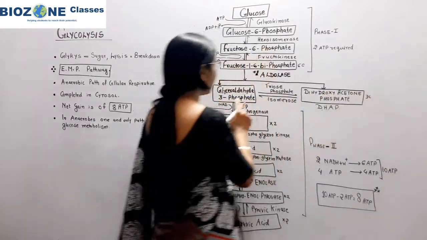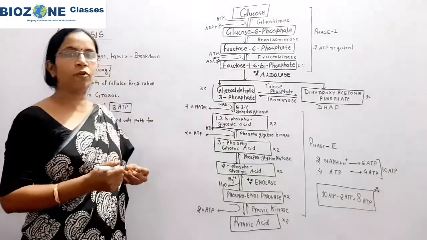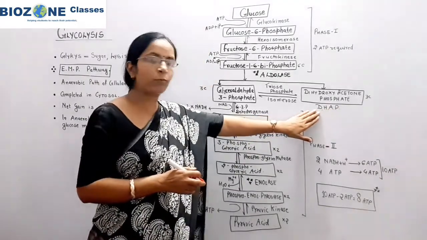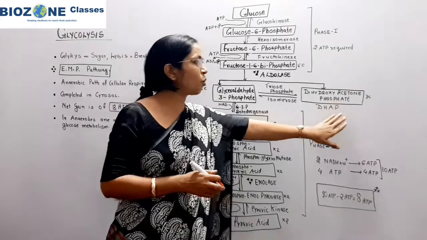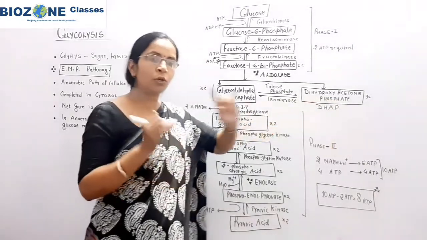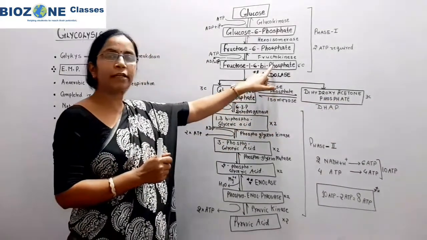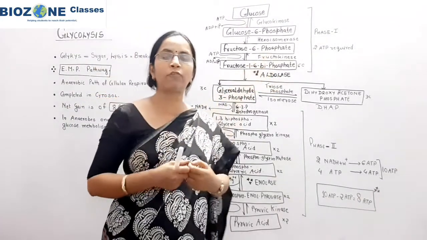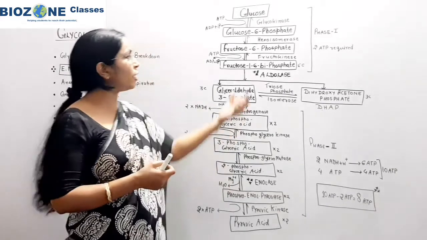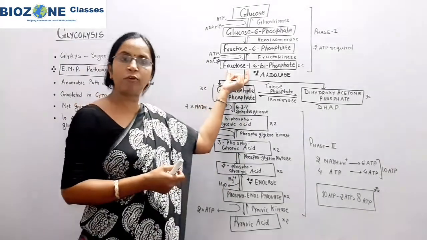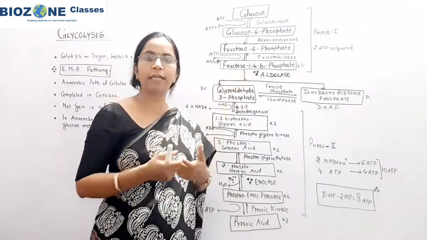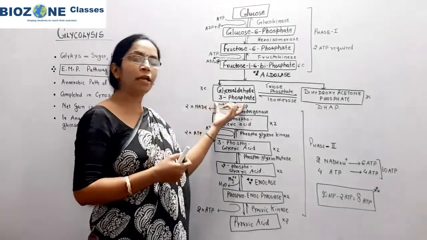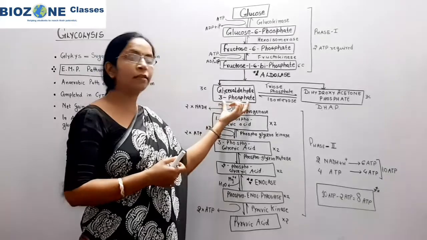One is glyceraldehyde 3-phosphate, and the second is called dihydroxyacetone phosphate. So the enzyme aldolase acts on fructose 1,6-biphosphate. What is the substrate for aldolase? The substrate for aldolase is fructose 1,6-biphosphate. When aldolase acts on it, it produces the 3-carbon compound glyceraldehyde 3-phosphate.